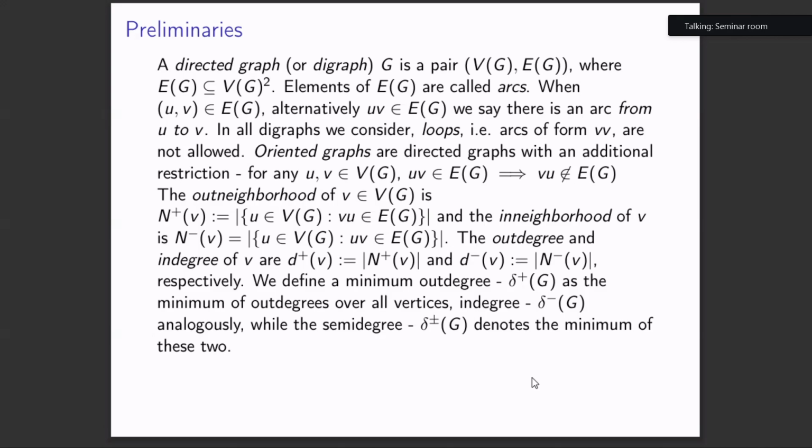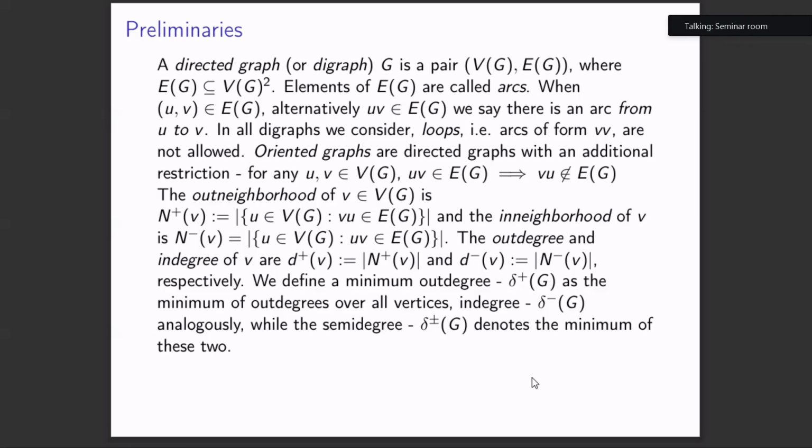The minimum in degree, respectively, is the minimum of the sizes of in neighborhoods, while the semi-degree is the minimum of both of these. Essentially, whenever we say a minimum Outdegree equal to D, that means that every vertex has at least D out neighbors, and that's the important part.